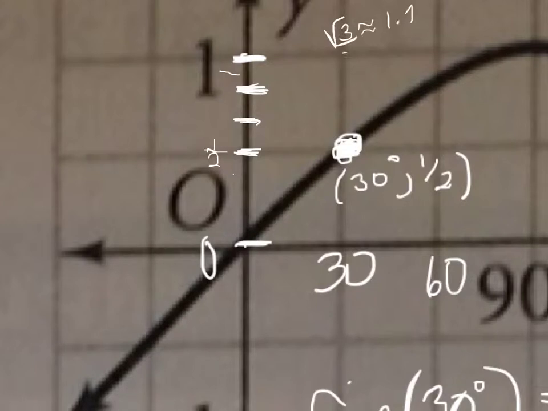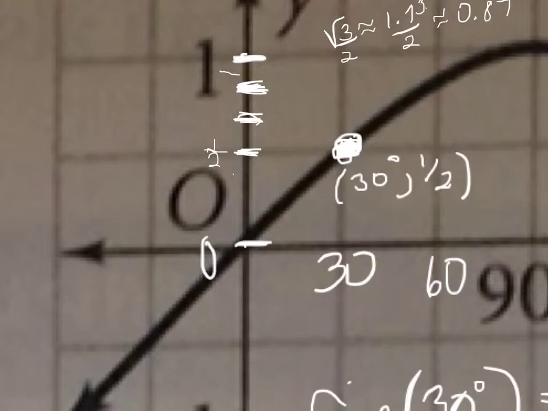So root 3 over 2 is going to be about 0.86 is what it's going to end up being close to. 0.86, well, 0.87 actually, right? It's 1.73 anyway, but it's up here. It's close.